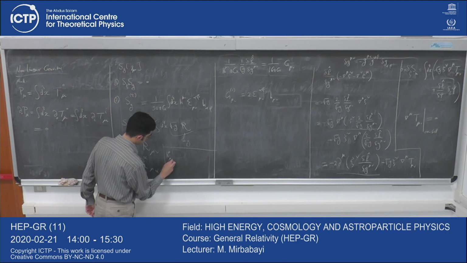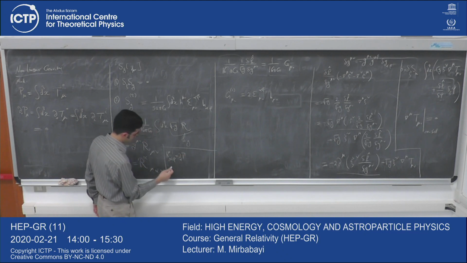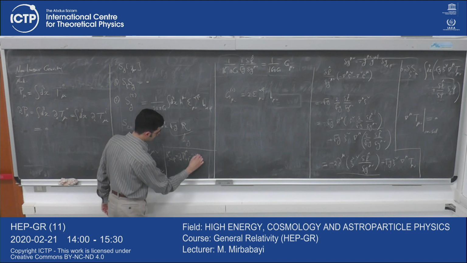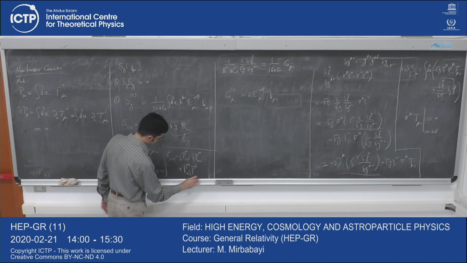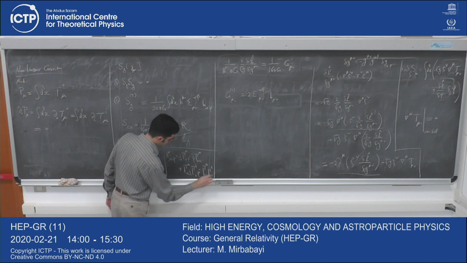So R mu nu alpha beta is equal to d alpha gamma mu beta minus d beta gamma mu alpha plus gamma mu alpha lambda gamma lambda mu beta minus gamma mu beta lambda gamma lambda alpha nu.